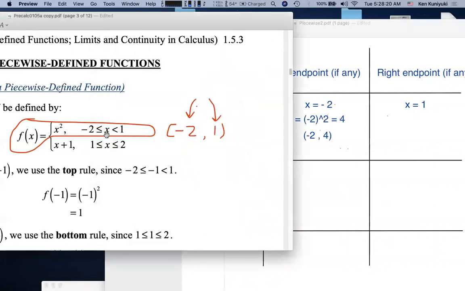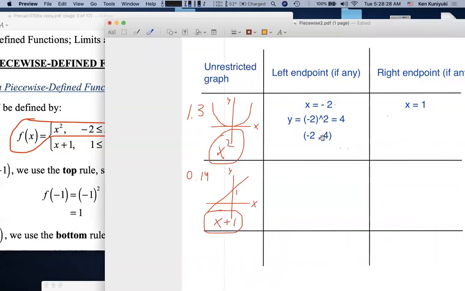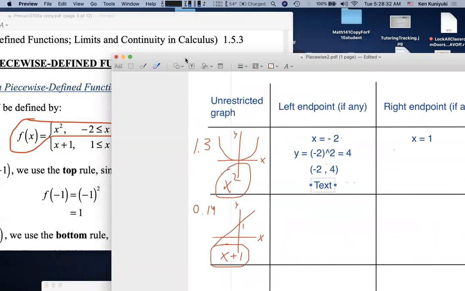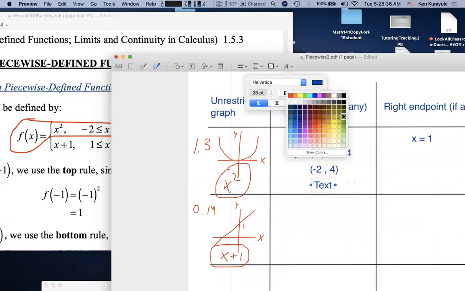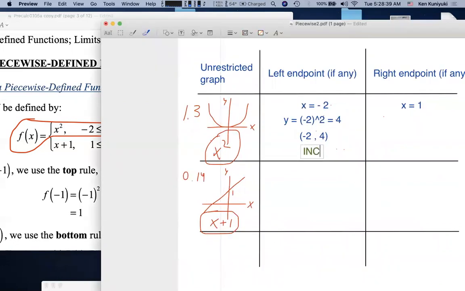Well, x equals -2 is in the subdomain for this first rule. Because of that bar there, that weak inequality, this point will be included. Put that in green. So the left endpoint will be included on the graph.